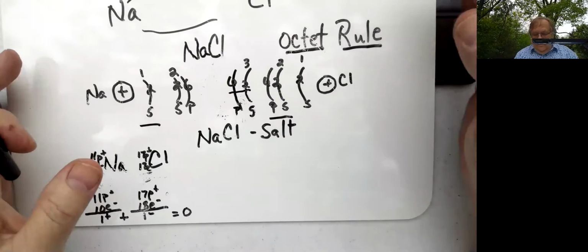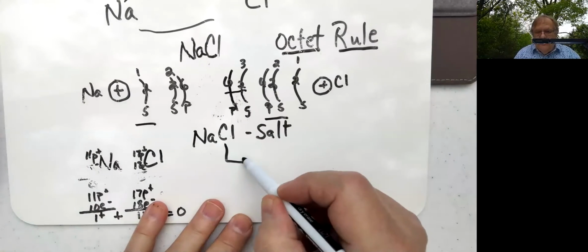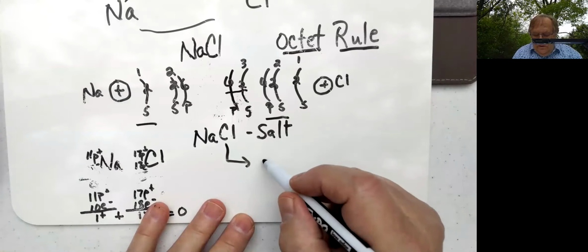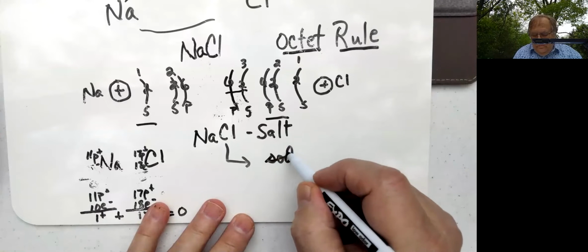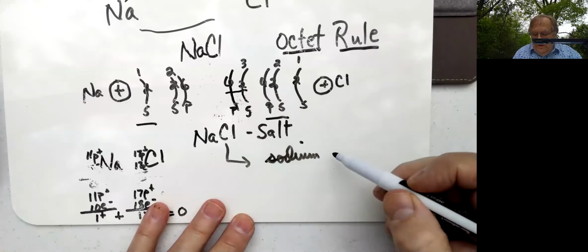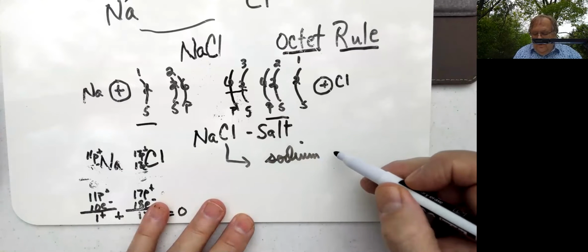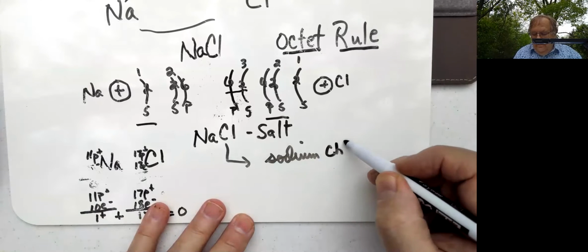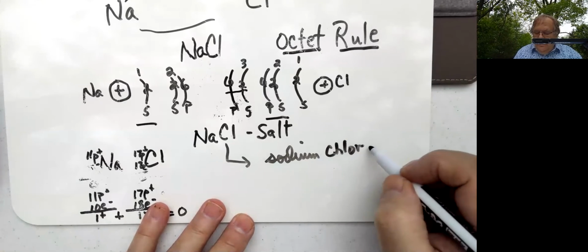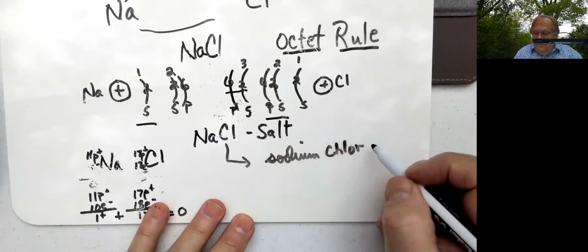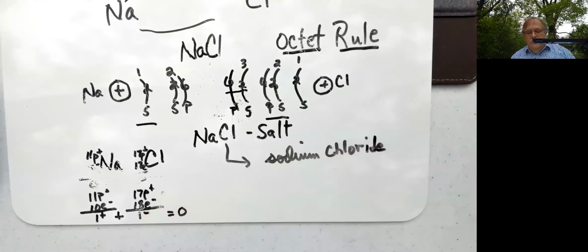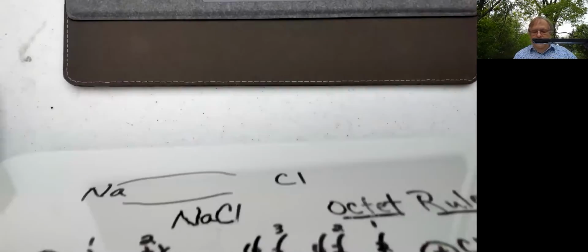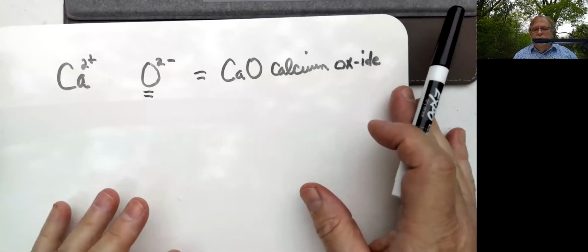A few minutes ago, this compound's name, as we know, is sodium chloride, but we write the element that appears first, sodium, and then the root word for chlorine is chlor, and then we add the ending, because there's only 2 elements present, a binary compound, sodium chloride, right? Here's my calcium oxide again.